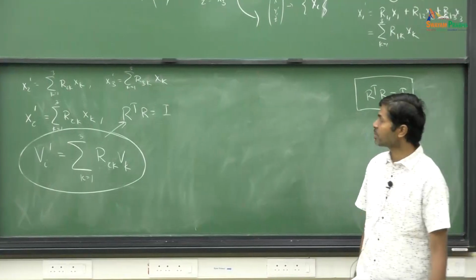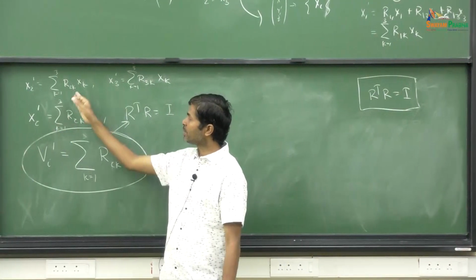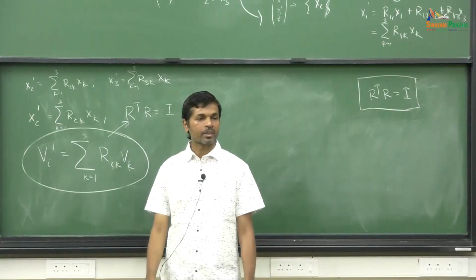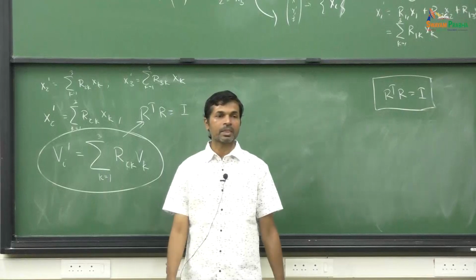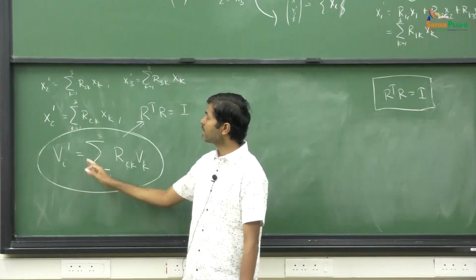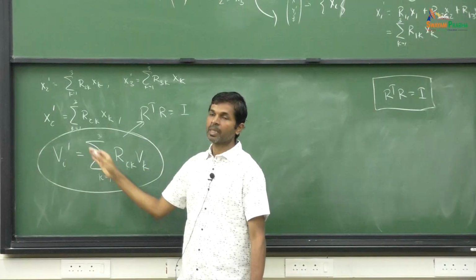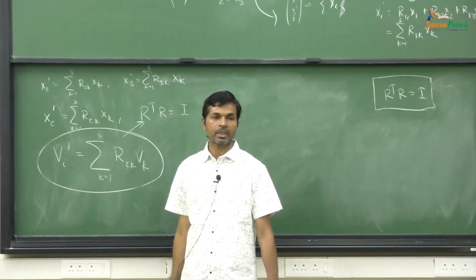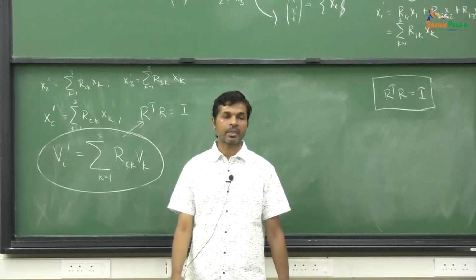Now, what is the use? I started with the position vector, and I said that if I perform a rotation, this is how it changes. Then I claimed that if you consider any arbitrary vector and make a rotation, this is how it transforms. This is also something simple to check.